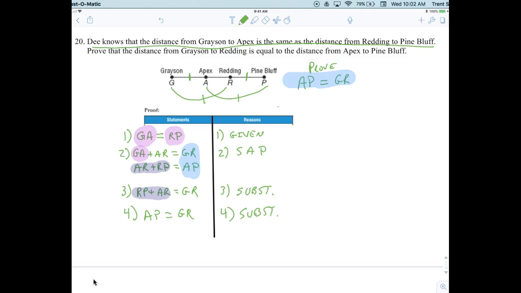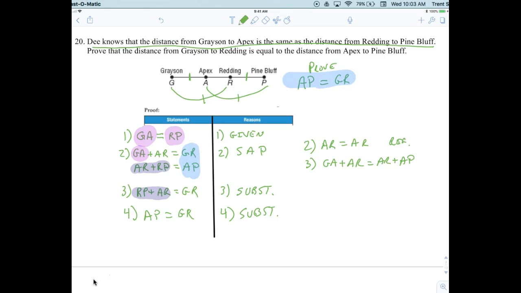Well, there's another way that you could look at that. If you wanted to do it differently, after you did the first step, step 2 could be AR is equal to AR by the reflexive property. Then you could add them together, and you could say that GA plus AR is equal to AR plus RP, and that's the addition property of equality.